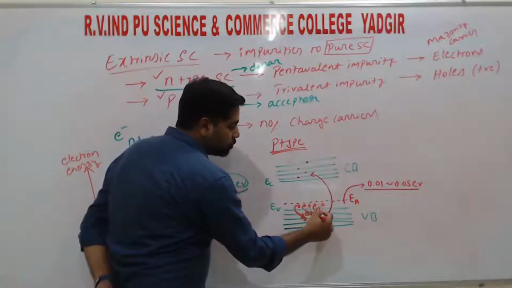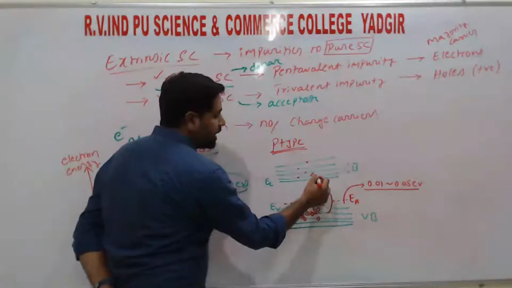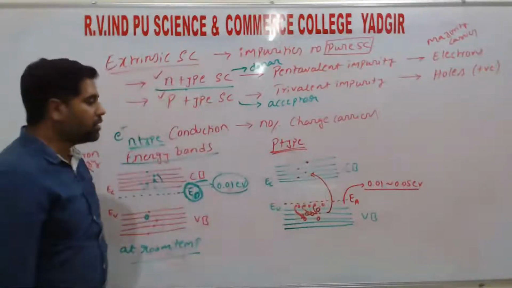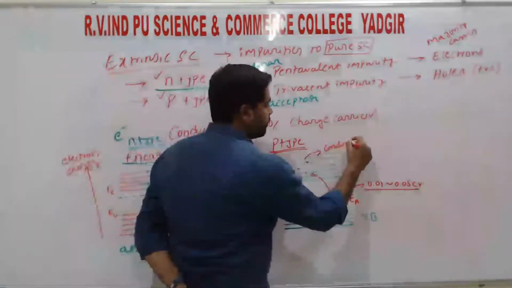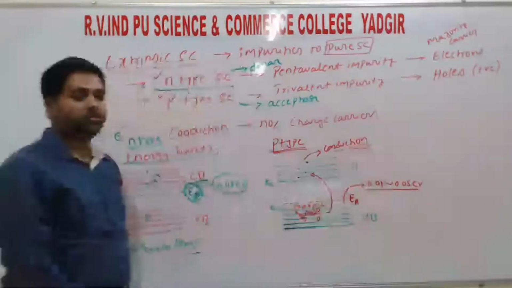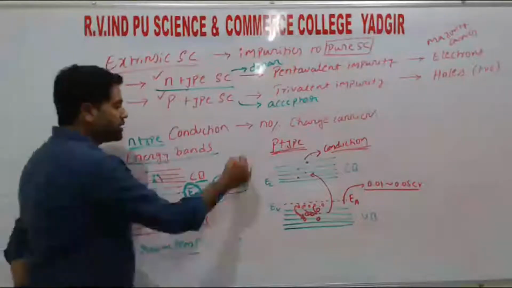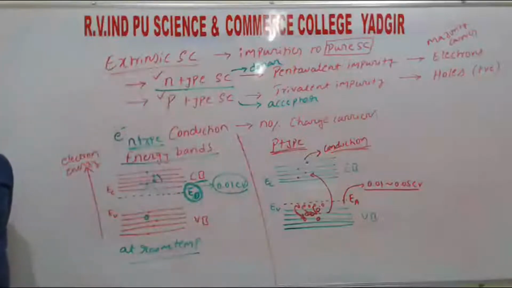As they fall to the energy levels, the electrons which are present in this valence band get ionized and jump to the conduction band, and here they are responsible for the conduction, right? So this is in n-type and p-type semiconductor, right?